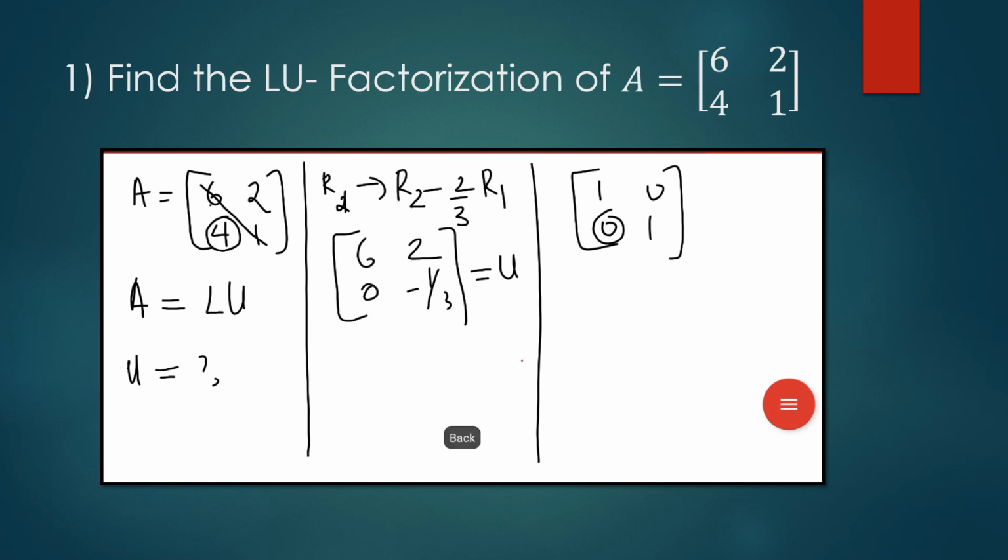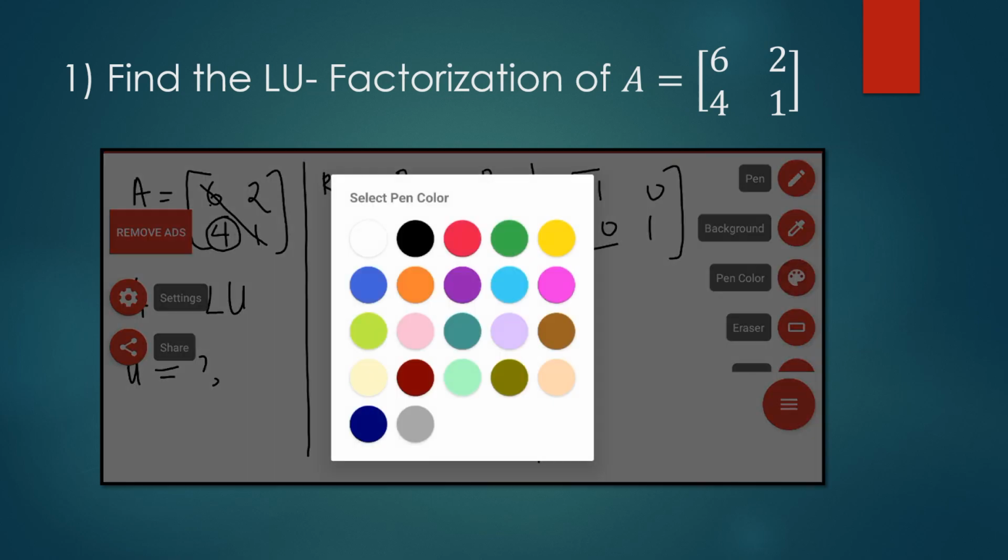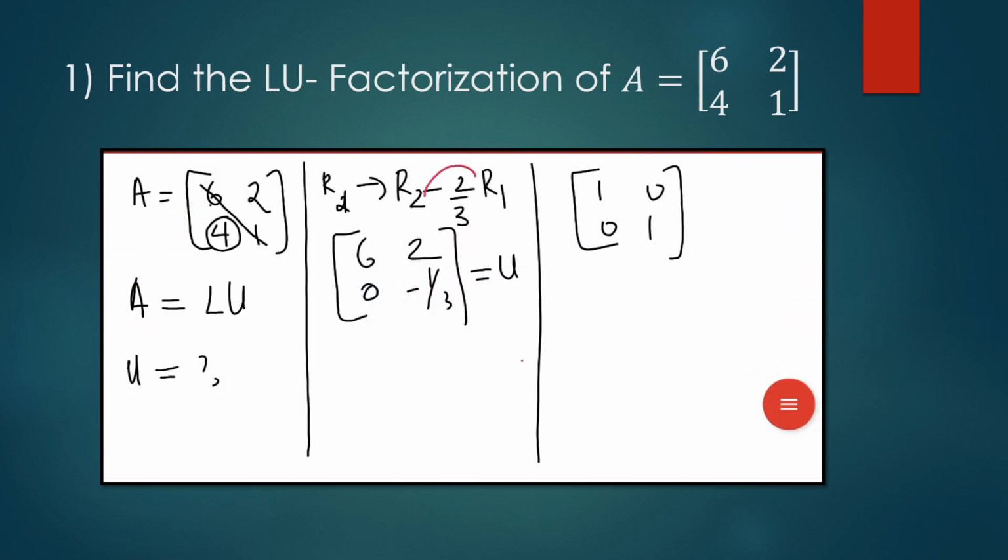To convert that, we will take the C value in the row addition. Here the C value is minus 2 by 3. We will take the opposite sign of 2 by 3 and replace that 0 by that number. So that changes to [1 0; 2 by 3 1], which is L.